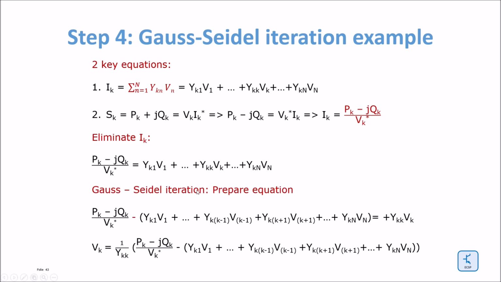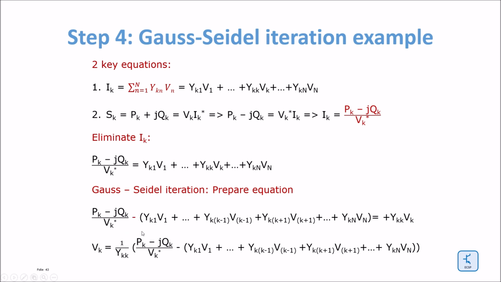So I prepare now this equation here to make it fit for the Gauss-Seidel. For that purpose, I put everything to the left side, of course with the minus sign, except one term, which is this diagonal matrix element Y_kk times the voltage which corresponds to this diagonal element. So Y_kk times V_k is staying on the right side for the time being, and all the rest goes to the left, therefore this minus sign here.